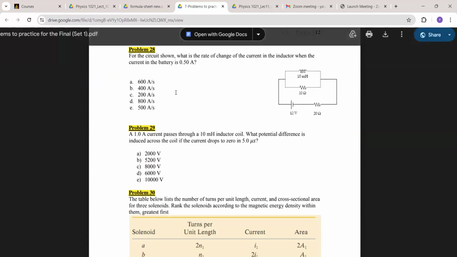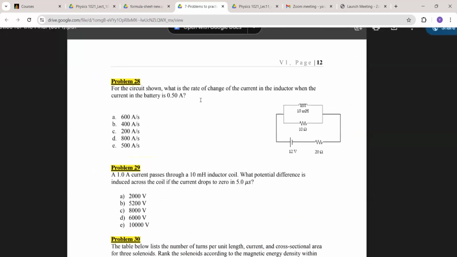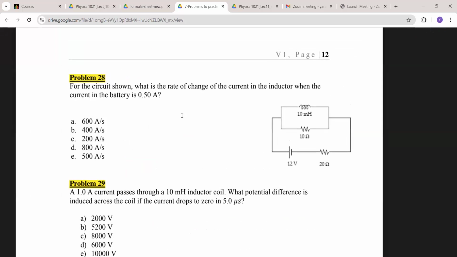And doctor, what about this question here? Question 28. For the circuit shown, what is the rate of change of the current in the inductor when the current in the battery is 0.5 ampere? Good question. So the current here is 0.5 ampere, and the potential here is 10.